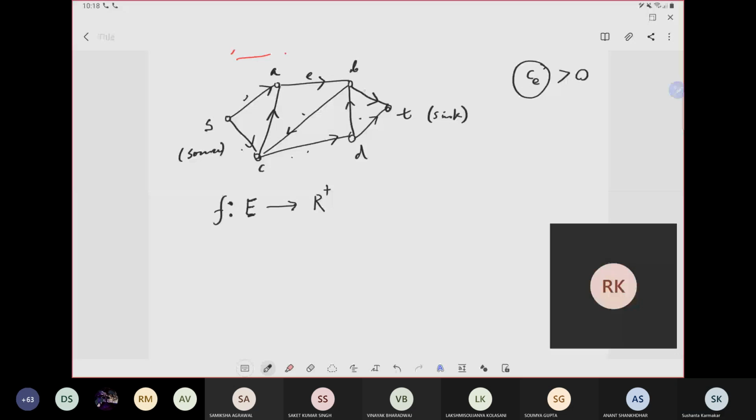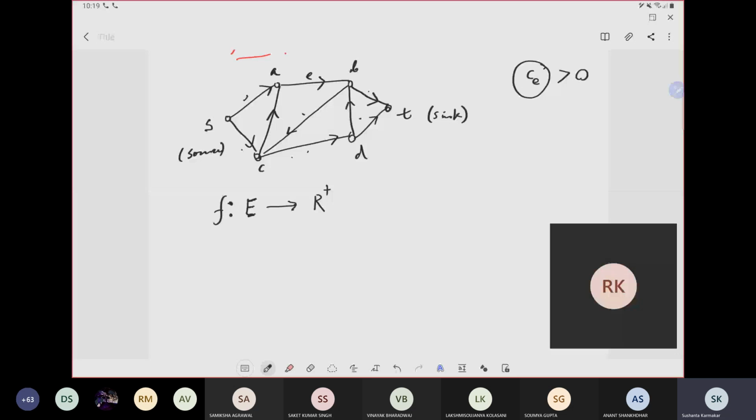The input is this directed graph with S and T. S is the source, T is the sink, and all edges are coming out of S. That means all the edges incident on S are outgoing edges, and all edges incident on T are incoming edges.